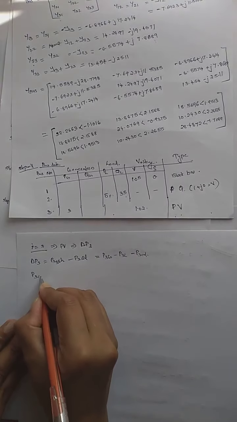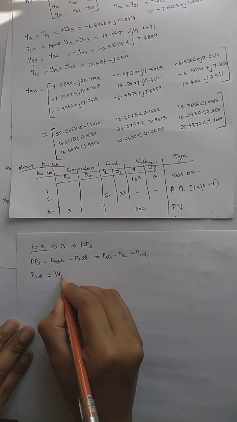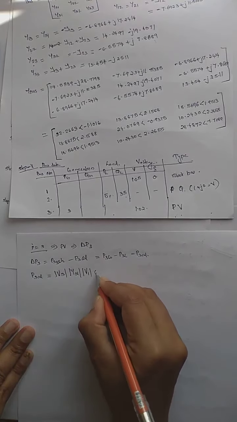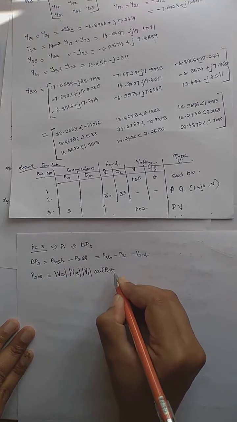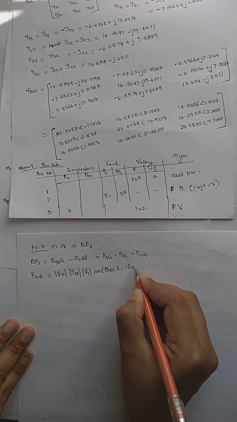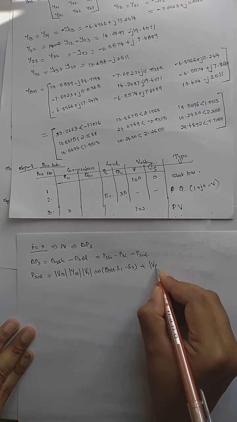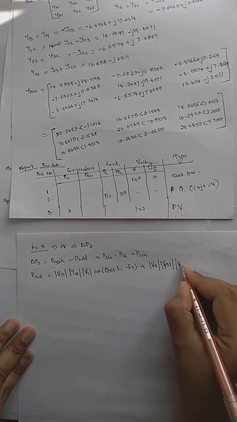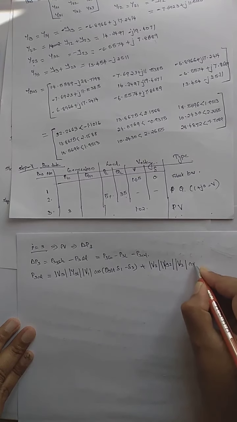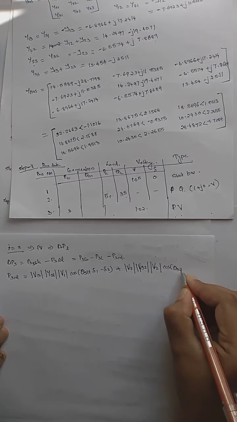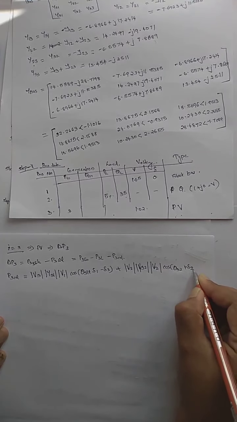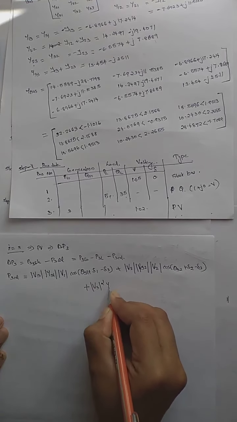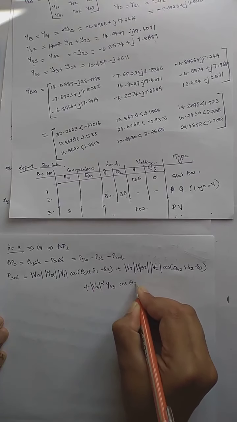How will I find out my P3 calculated? I am directly writing my equation, that is V3 Y31 V1 cos theta 31 plus delta 1 minus delta 3 plus Y32 V2 cos theta 32 plus delta 2 minus delta 3 plus V3 square Y33 into cos theta 33.